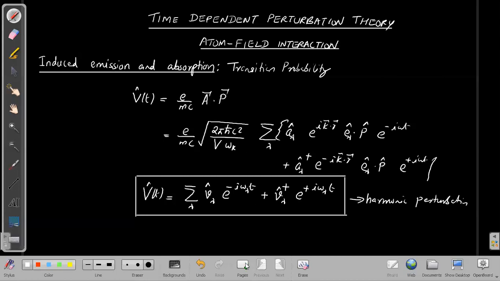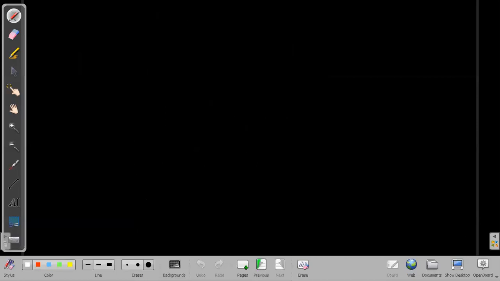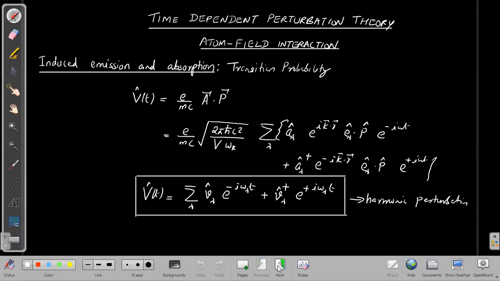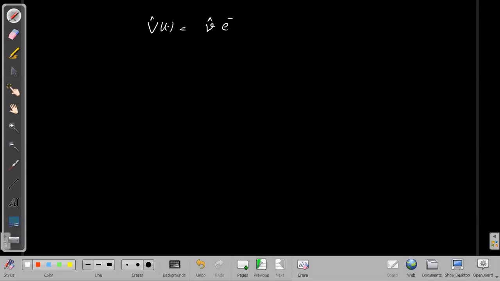Now, what about the transition rate for the harmonic perturbation? Suppose the interaction potential is small v e raised to minus i omega t plus v dagger e raised to plus i omega t.